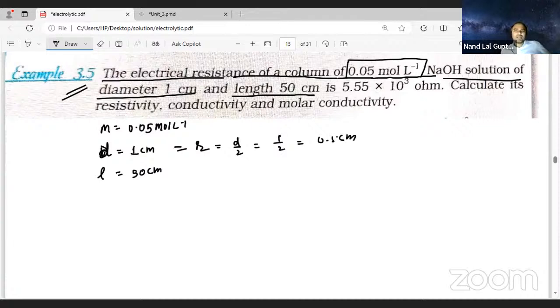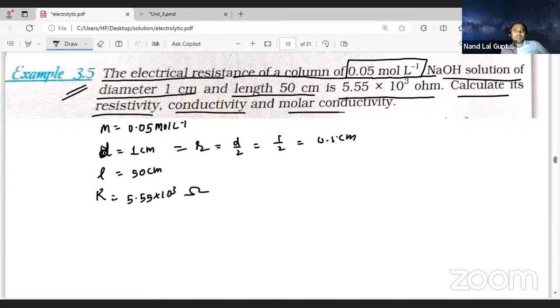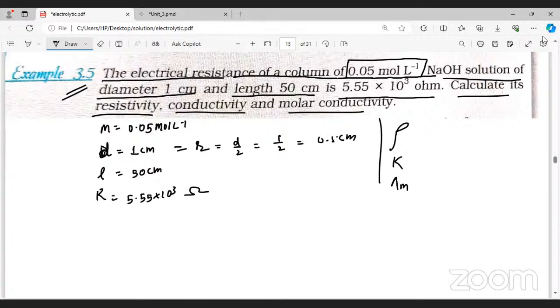What is their electrical resistance? The resistance also they have given, R, 5.55 into 10 power 3 ohm. Calculate its resistivity, conductivity, and molar conductivity. So how many quantities are they asking? Resistivity, conductivity, lambda m, molar conductivity.